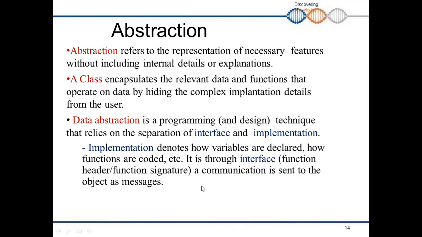Implementation denotes how variables are declared and how functions are coded, meaning implementation contains our coding part. Through the interface our communication is sent to the object as a message. So due to abstraction, implementation is viewed by the programmer and interface is viewed by the user.